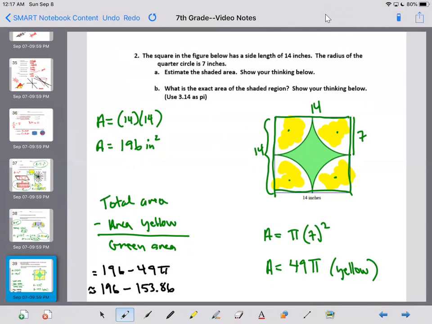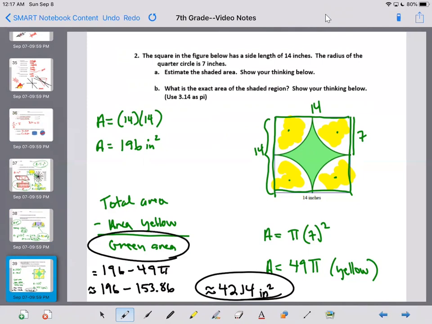So if we take 196 and take away 153.86, we're going to have an approximate value of 42.14 square inches. And that would be your area in green.